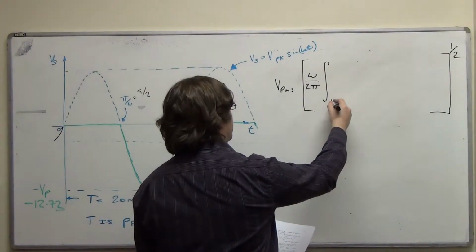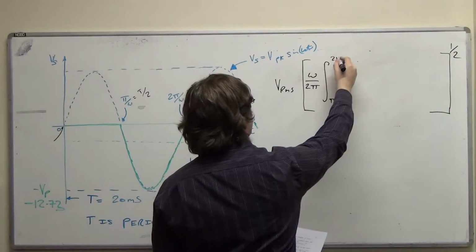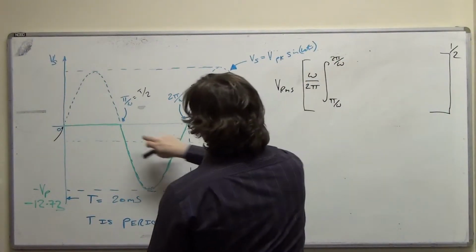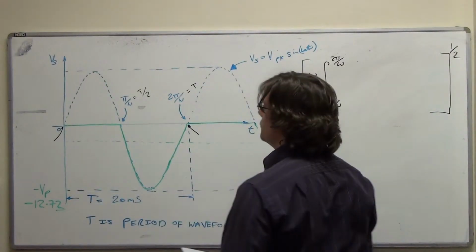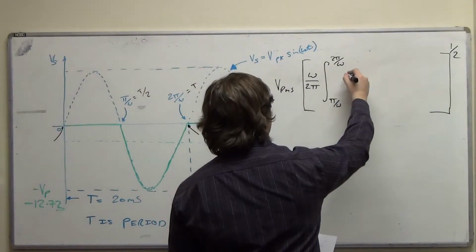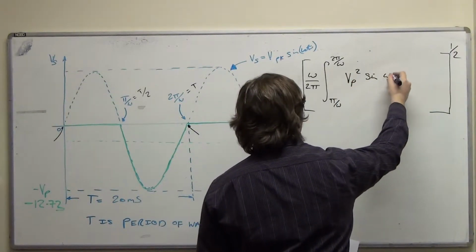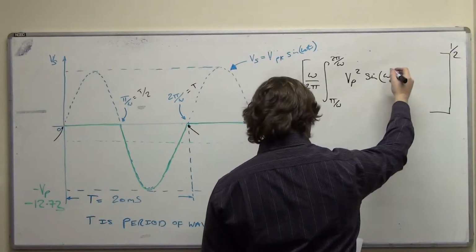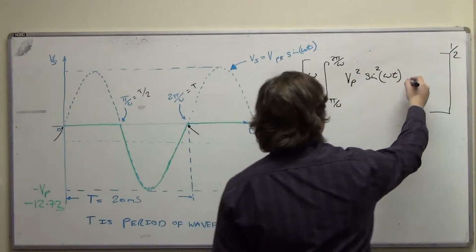And then we'll do it across the same half cycle that we've done in the past, because the only bit we're interested in is this bit. This bit we know will come to 0. It doesn't give us anything extra. And then we have to do Vp squared sine omega t, and where are we putting the square? Sine squared dt.